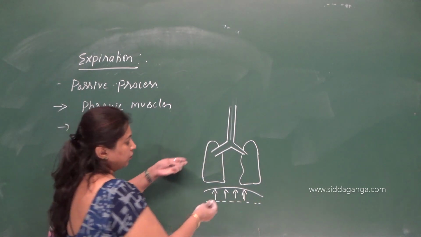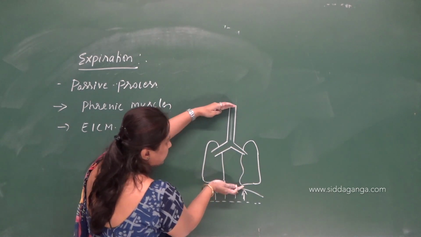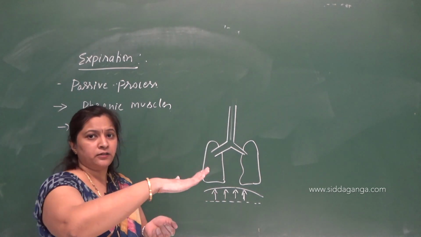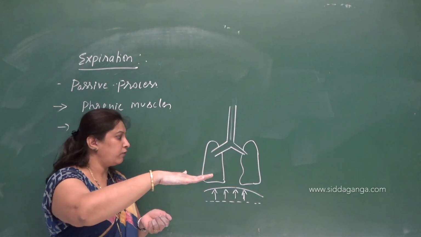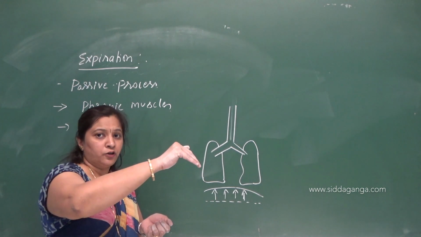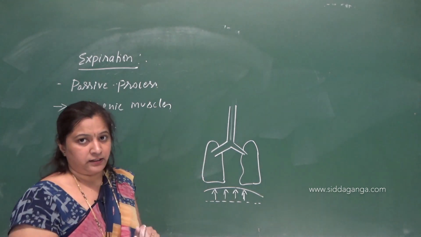So when the diaphragm comes to its original shape, does the volume of the thoracic cavity increase or decrease? During inspiration it was flat, but due to the relaxation of muscles during expiration, the flat diaphragm again becomes dome shaped. So the volume of the thoracic cavity decreases.